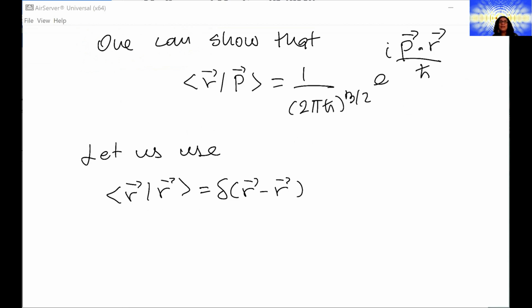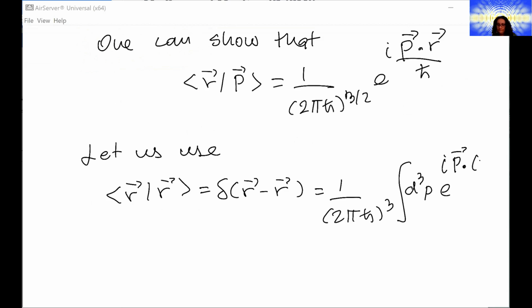But we also know that a delta function is also given by this expression, with r minus r' divided by h bar.